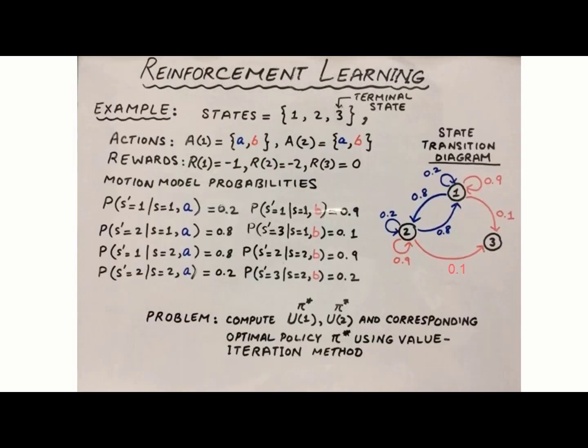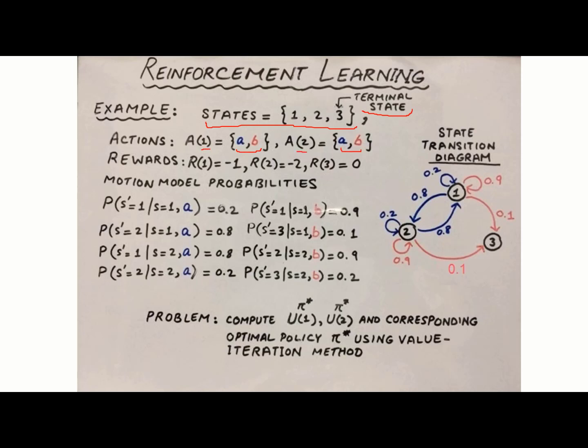A simple example to highlight how one can implement value iteration. Imagine we have three states, 1, 2, and 3, where 3 represents the terminal state. And we can take two possible actions, A or B, in state 1 and state 2.